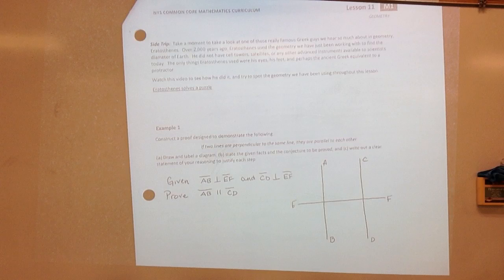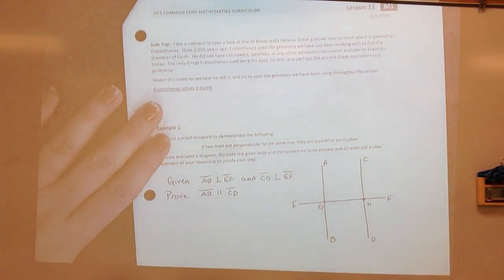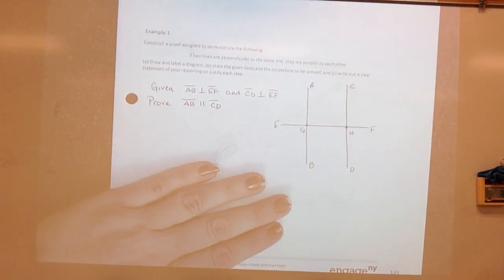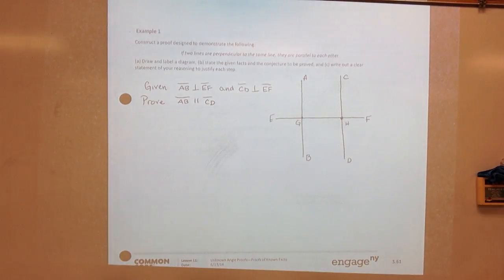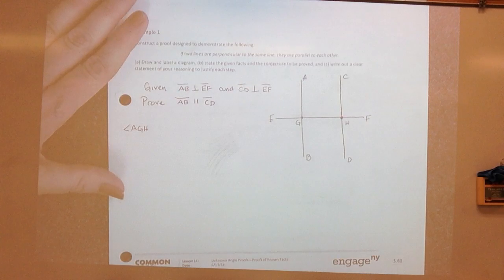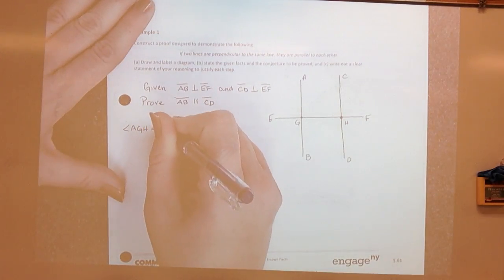Alright, well, so what do I know? I'm going to give this little intersection here, G, and this little intersection, H. So what do I know? Well, we just said that if they're perpendicular lines, then they are going to form what kind of angle? They're going to form a right angle. So I know that angle AGH and the angle CHF are both equal to 90 degrees.